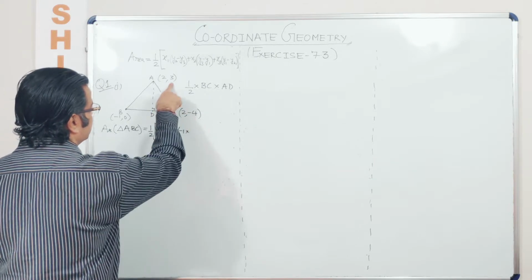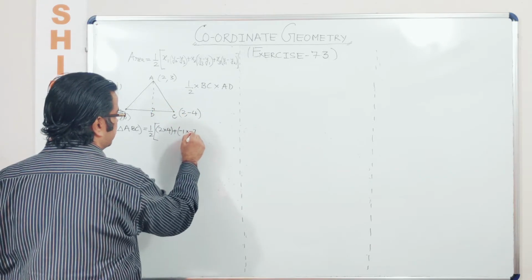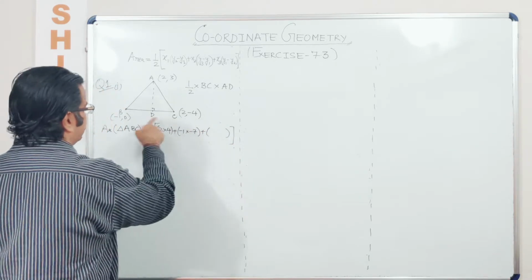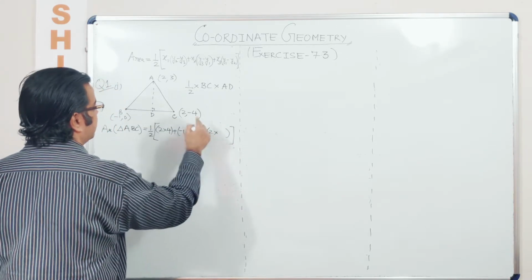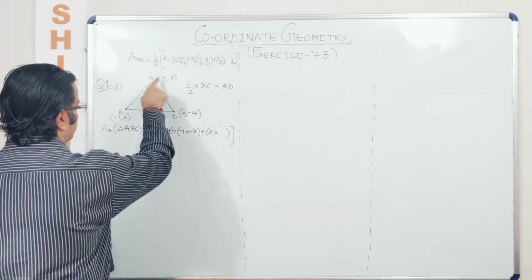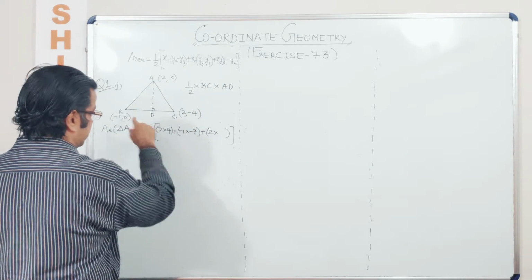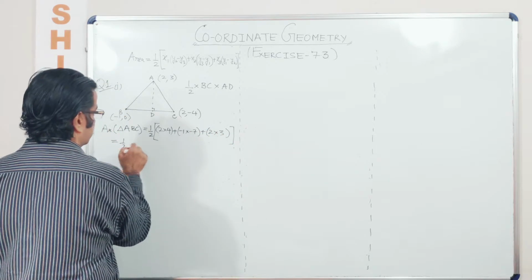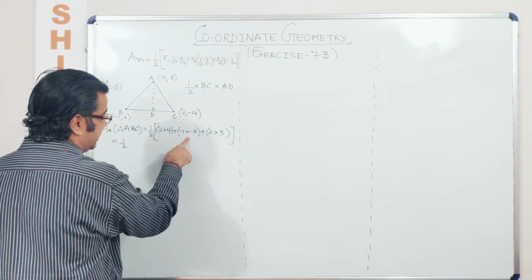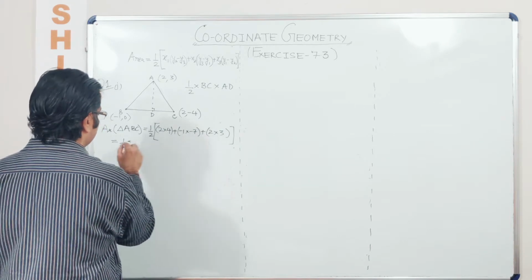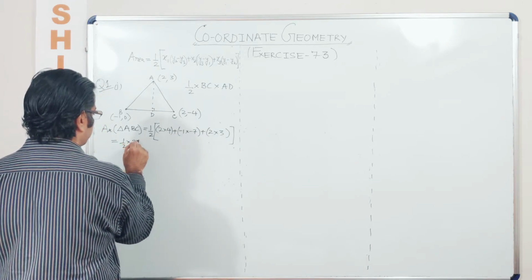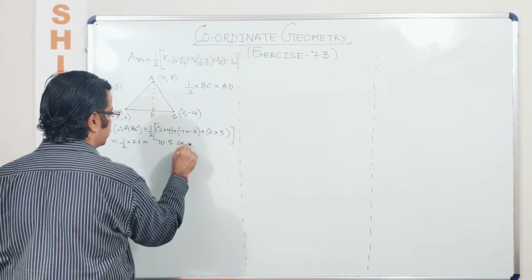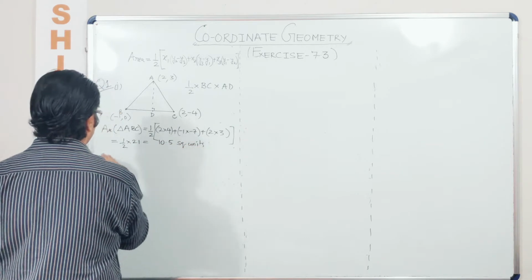So y3 minus y1 is -7, plus x3 which is 2, multiplied with y1 minus y2. So y1 minus y2 is 3. Let us see what this comes out to. So this is 8 plus 7, 15 into 6, 21. So this comes out to be 10.5 square units should be the area.